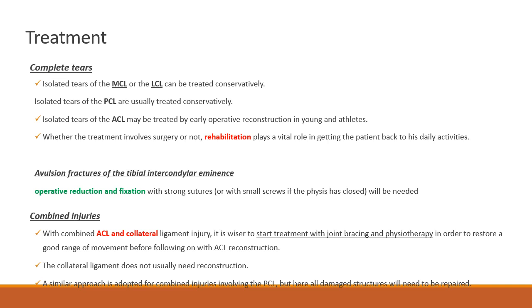A combined medial and lateral collateral ligament injury without an intra-articular ligament injury is usually treated conservatively. With a combined PCL and collateral ligament injury, you usually need to reconstruct the PCL and the extra-articular ligaments as well.